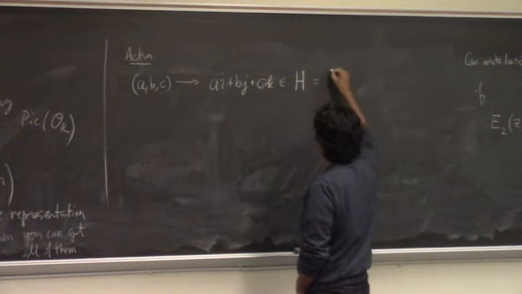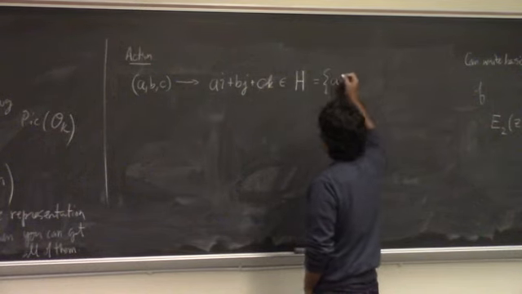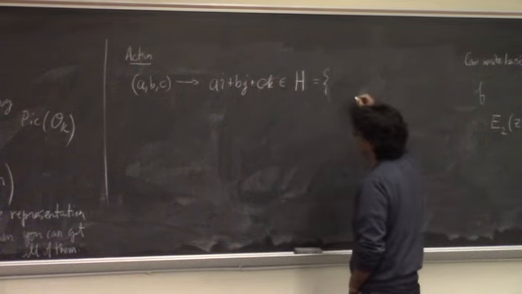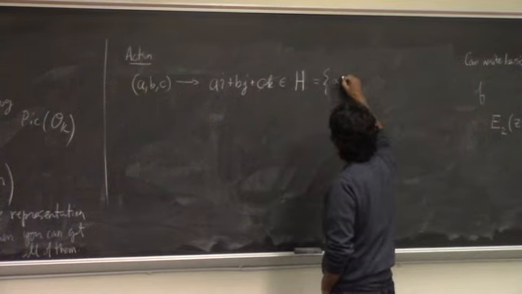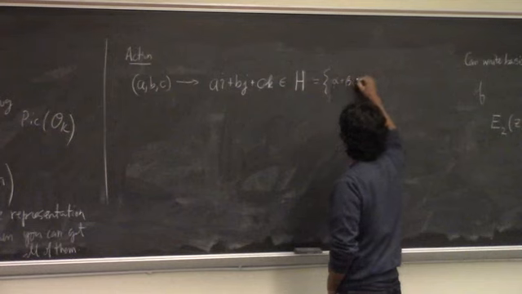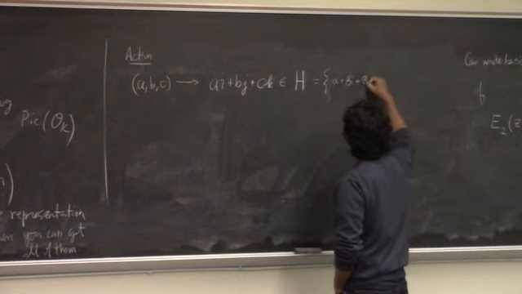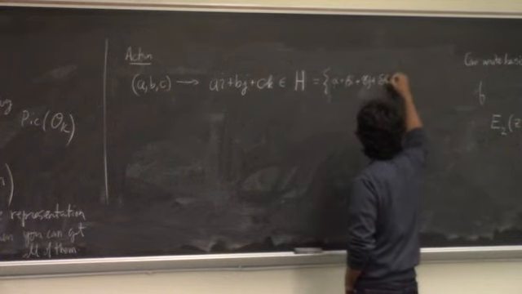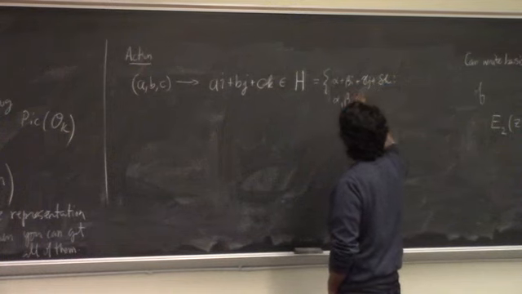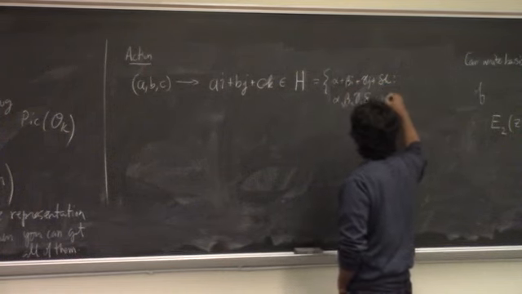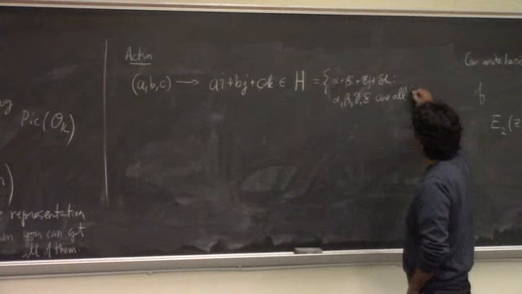It is equal to the set of all alpha plus beta i plus gamma j plus delta k, such that alpha, beta, gamma, delta are all integers or half integers.